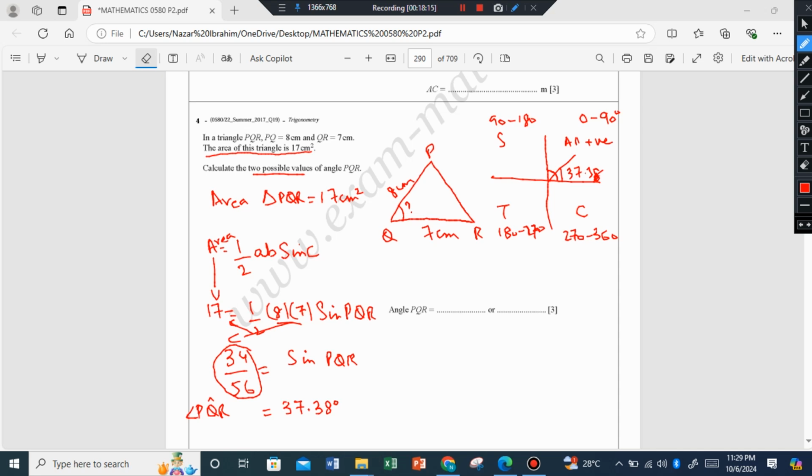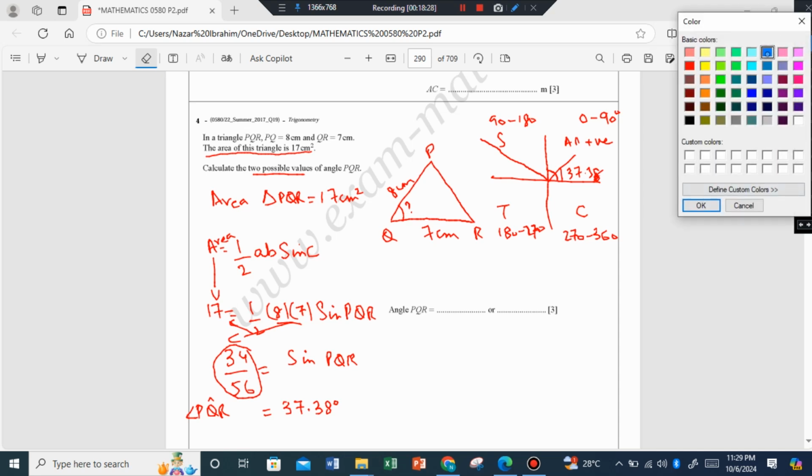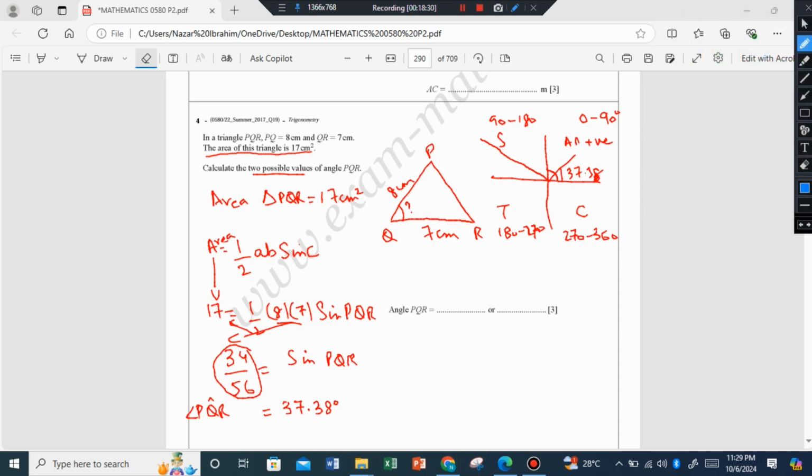And to get the second value, which is in the second quadrant, I'm making this line, right? The angle which we have to calculate now is this. Let me shade it in a different manner. This is the angle which I need to calculate now. This is the base angle. I will subtract this base angle from the total angle, which is 180, to get this angle.